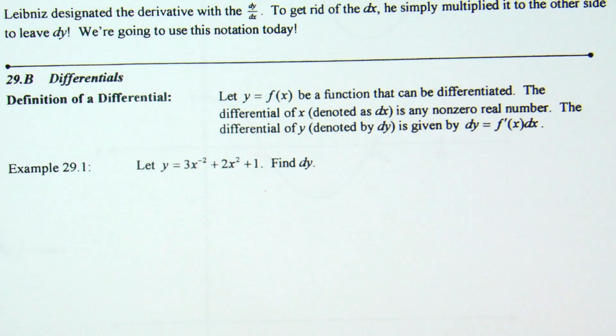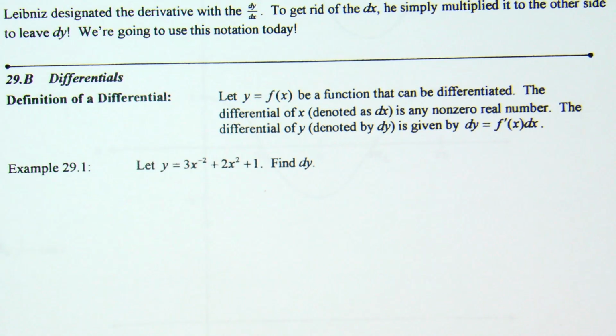So, definition of a differential. Let y equals f of x be a function that can be differentiated. When we talk about something that can be differentiated, that means something that you can take the derivative of. If I ask, is this function differentiable? Can we differentiate? That means can you take the derivative?